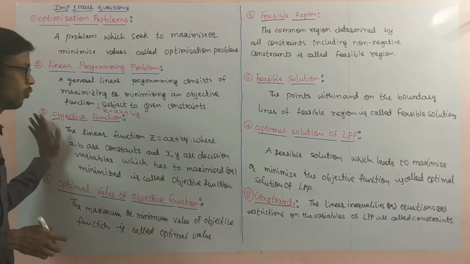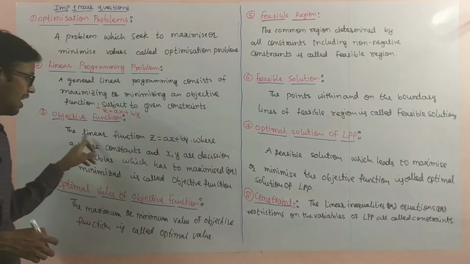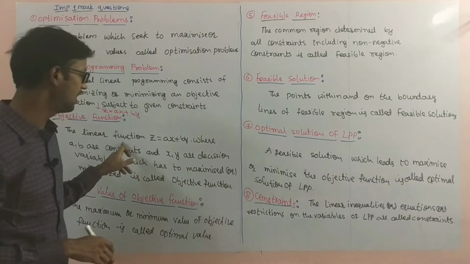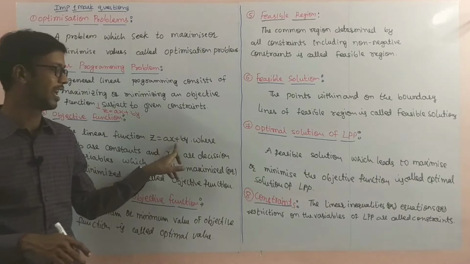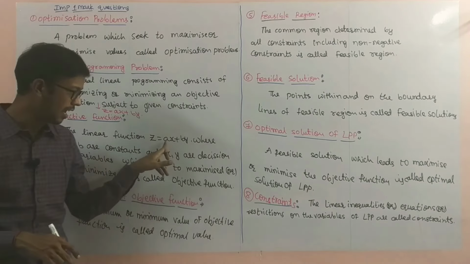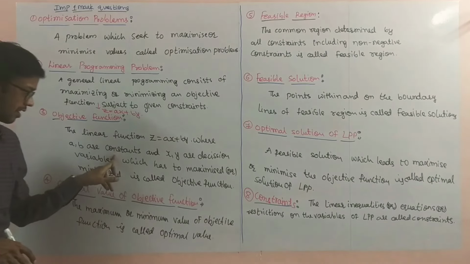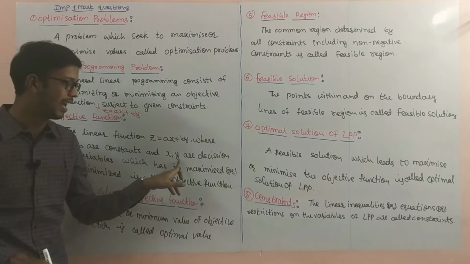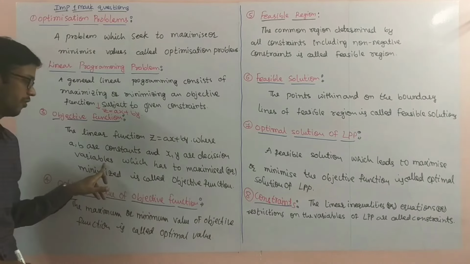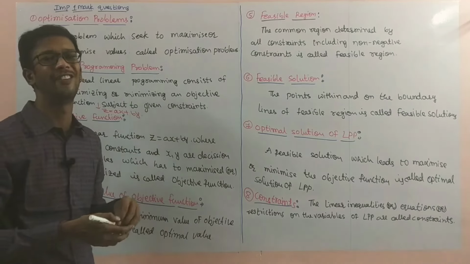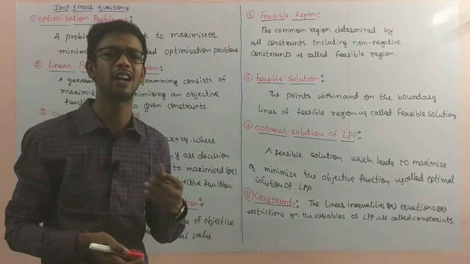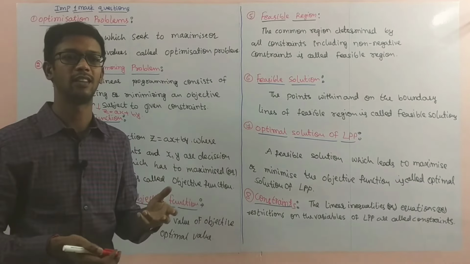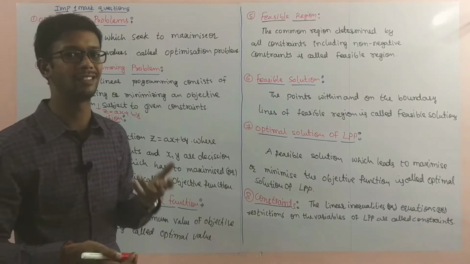And what is the objective function? A linear function. Linear means the power should be 1. A linear function z equal to ax plus by, where a and b are any constants, and x and y are decision variables. Decision variables are normal variables. In the previous problem, the number of chairs and number of tables we took as x and y.